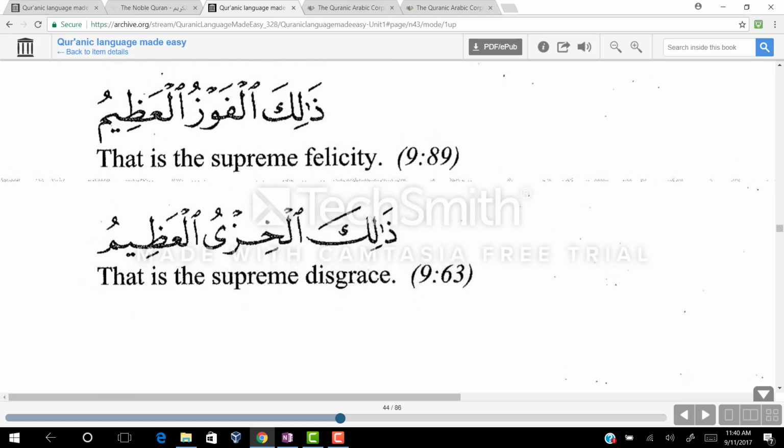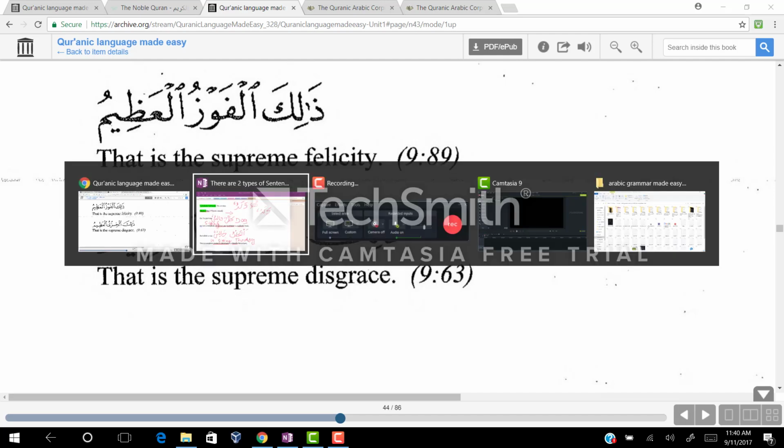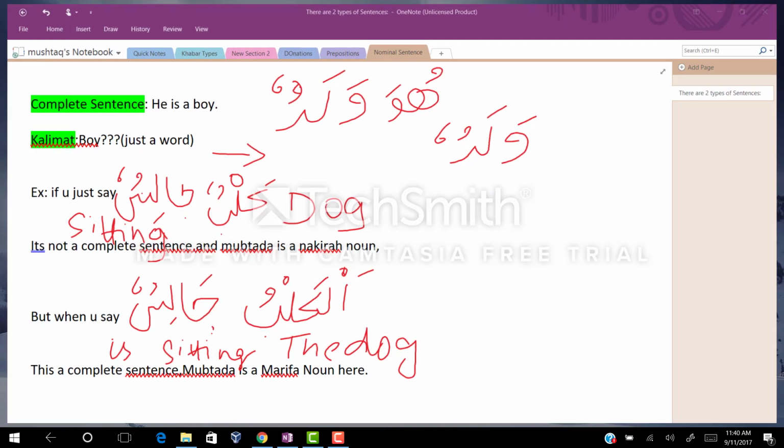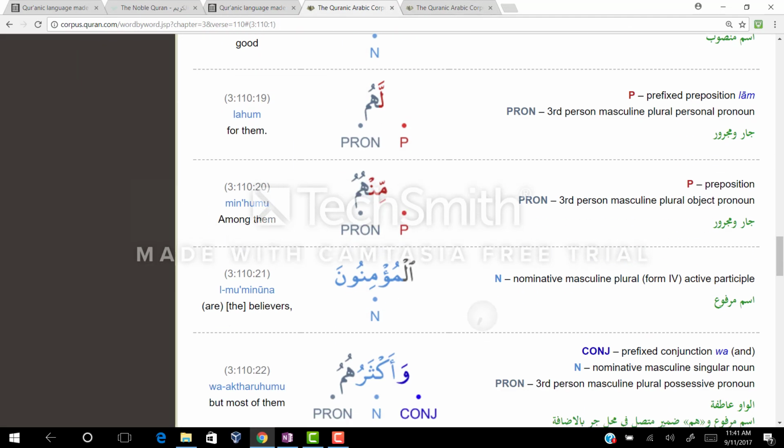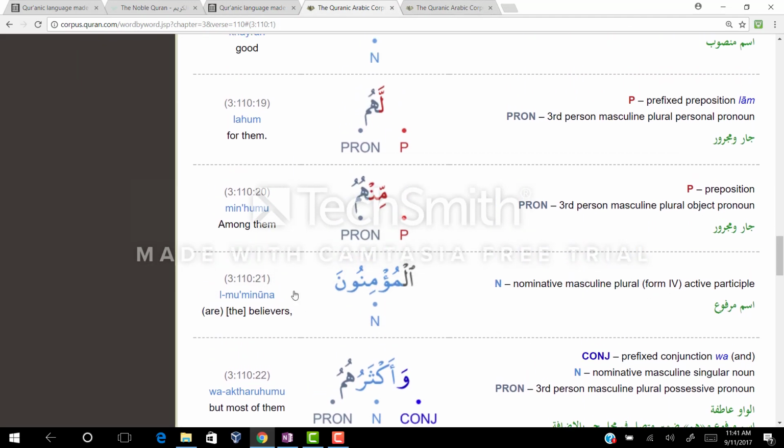Okay, alhamdulillah, we are done with the lesson. We can try the examples from the Quran. Okay, let's take this. Minhum, lahum, minhumul mu'minuna. So lahum is our jar majroor, it's for them, li plus hum, and minhum is among them. Min is again a jar majroor, among them.